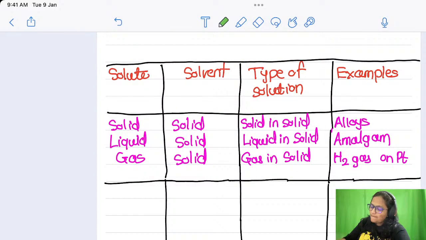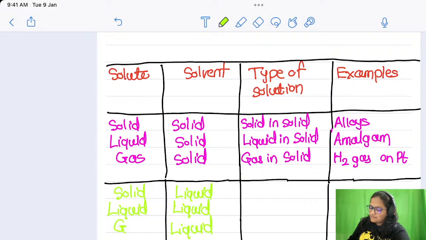Next is for liquid. Liquid is the solvent. It can be solid, liquid, and gas.